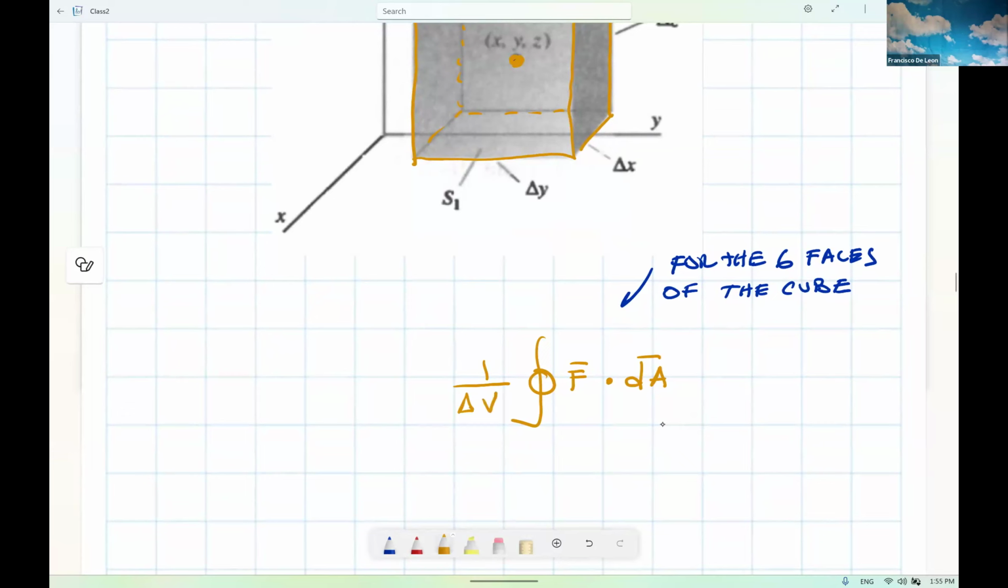I'm going to divide by the volume that this integral is given. And if I want to get to a point, I will have to compute the limit when the volume tends to 0 of this thing, right?